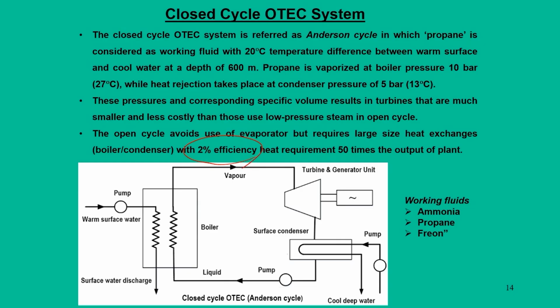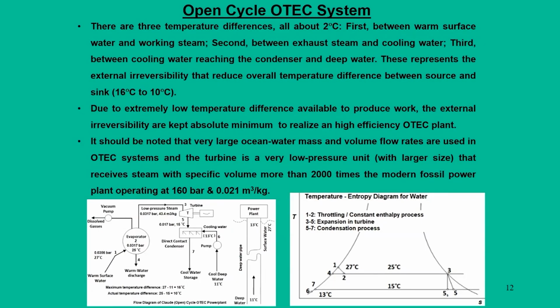That is because at any location, let us say from surface water to evaporator, we have hardly a 2 degree temperature difference. Looking at the exhaust from the turbine and cooling water, we have a 2 degree temperature difference.